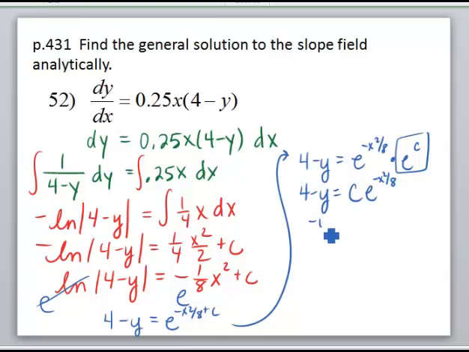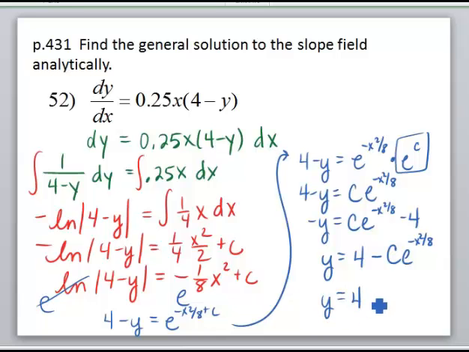And then what I can do is subtract 4. And then divide everything by a negative. Gives me 4 minus c e to the negative x squared over 8. Now, the back of the book will actually read this as 4 plus c e to the negative x squared over 8.